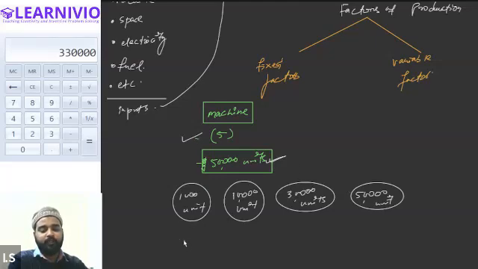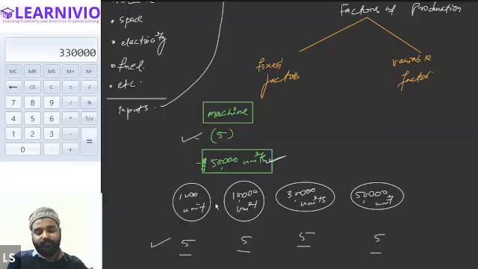At 1,000 units, it was 5. At 10,000 units, the same machines will be used. At 50,000 units, the same machines can be used. So production is increasing, but the requirement of the fixed factor is not changing. Machine is a fixed factor, right? Because machine is a fixed factor, even if we are increasing the production, the requirement of the fixed factor is constant.